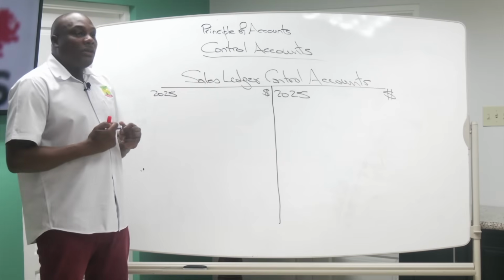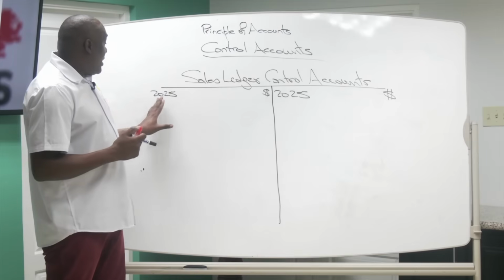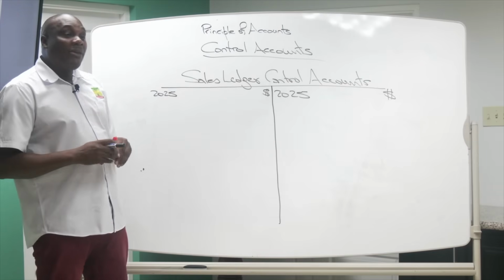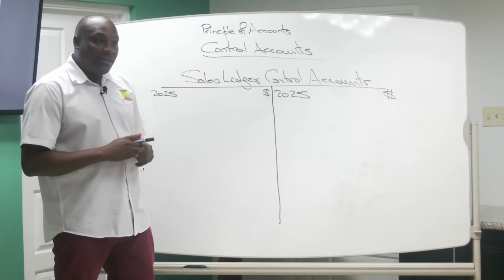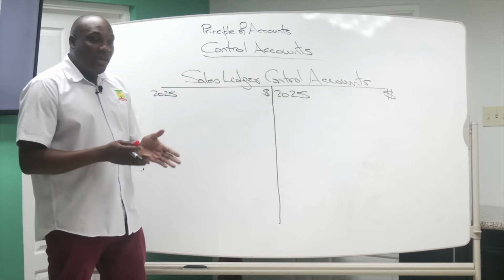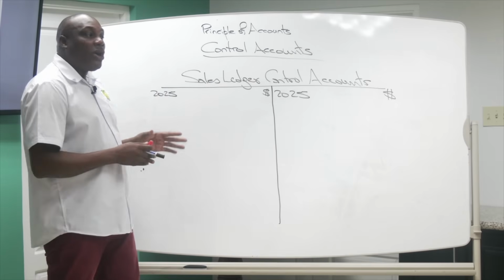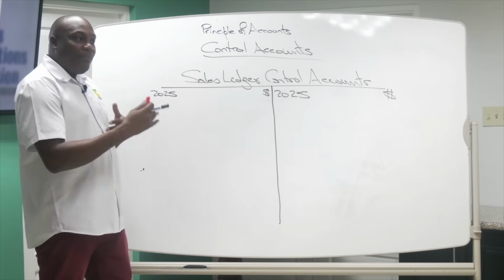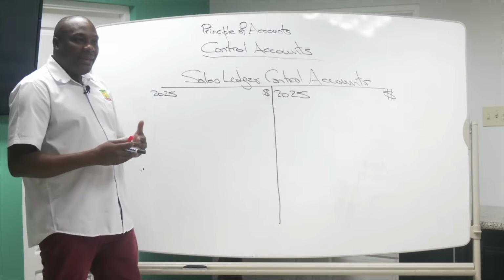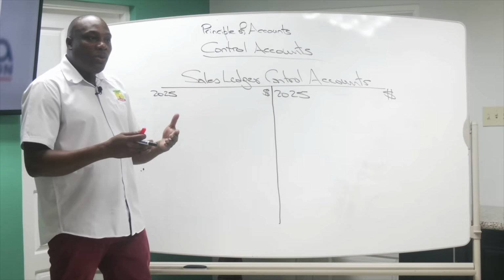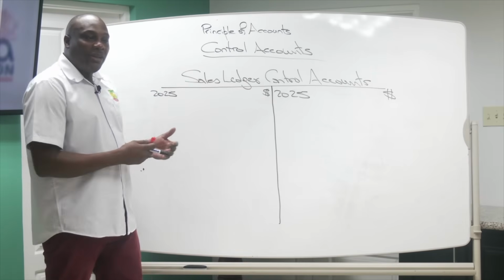Now, customarily, student, it is known for debtor to carry a debit balance. Again, it's an asset. An increase in asset is recorded on the debit side. So therefore, any balance of debtors coming in is generally somebody who owes us the business, so therefore it carries a debit balance.